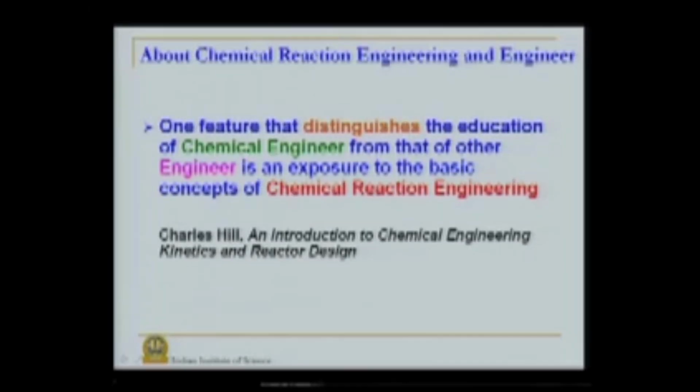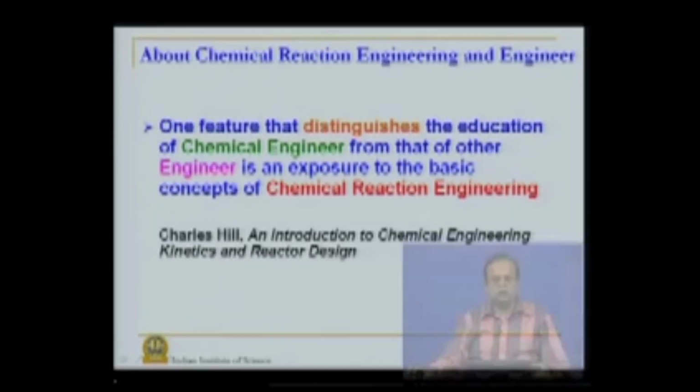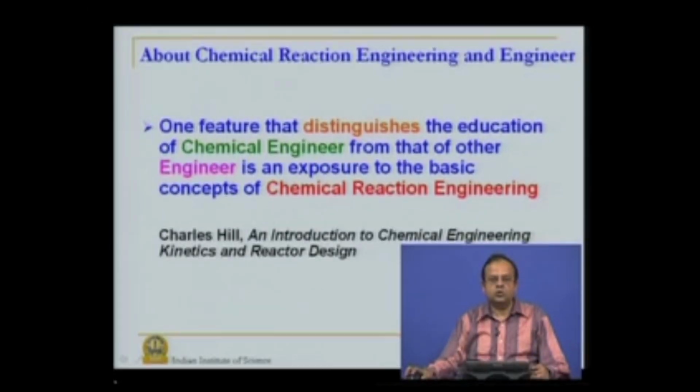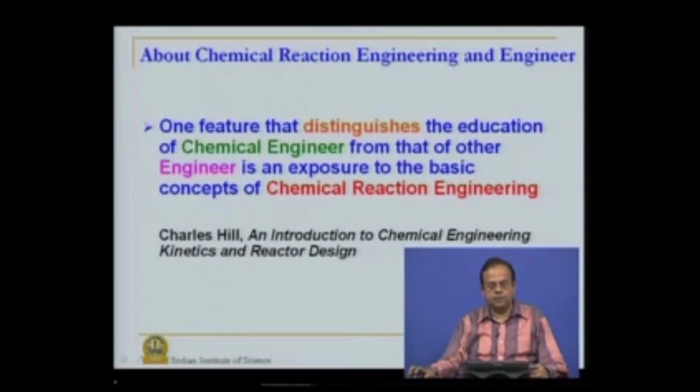Charles Hill, in his book Introduction to Chemical Engineering Kinetics, says that one feature that distinguishes the education of a chemical engineer from that of other engineers is an exposure to the basic concept of chemical reaction engineering.